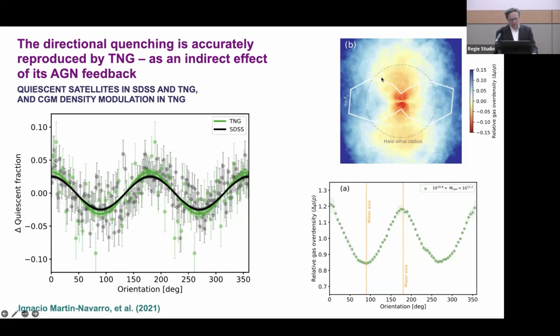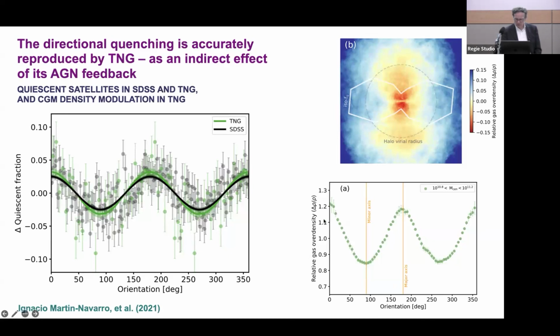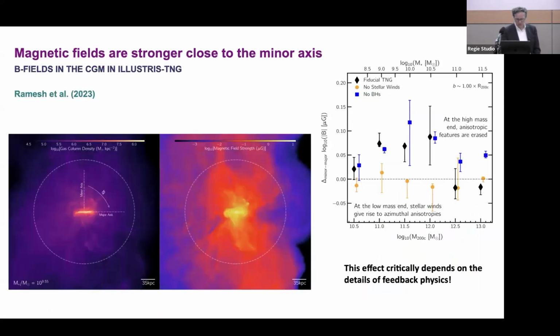And we furthermore said this is coming from the AGN, because we can also do a simulation where we do not include black holes, right? We can test this physics. And in a simulation without black holes, unfortunately, I've deleted the slide, this modulation is not there. So we blamed this on the AGN feedback. That was a strong surprise to us. Or here, this was also a surprise.